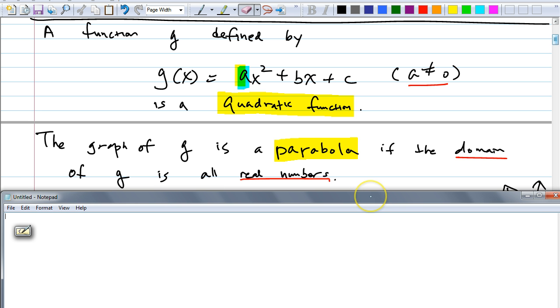So you guys remember what a parabola is? You either get a smiley face. When do you get a smiley face? Do you remember when it opens upward? Yeah, when it's positive. What is positive? Anybody remember? Okay, almost. If something is positive, it'll be a smiley face. When something is negative, it'll be a sad face.